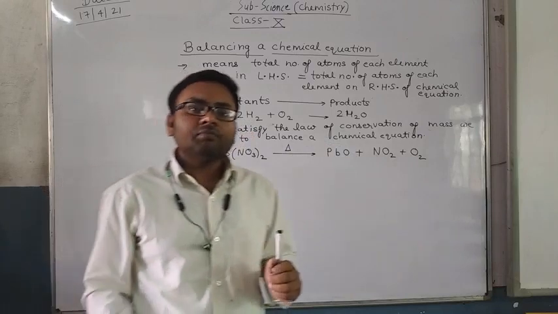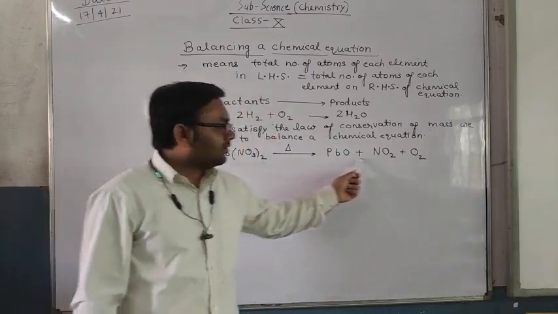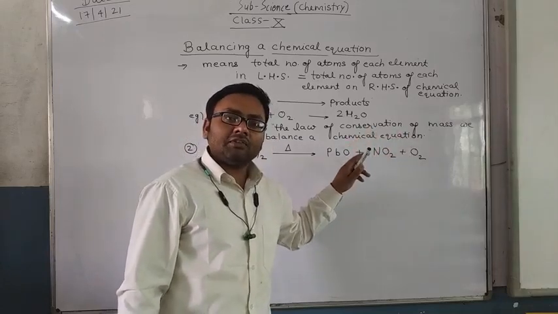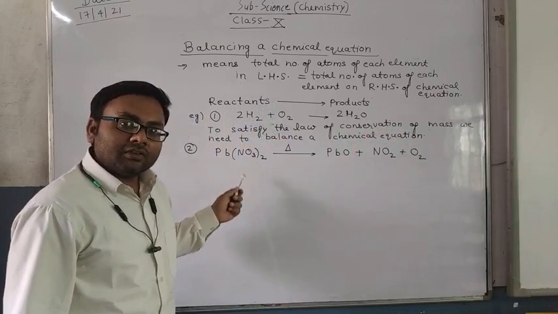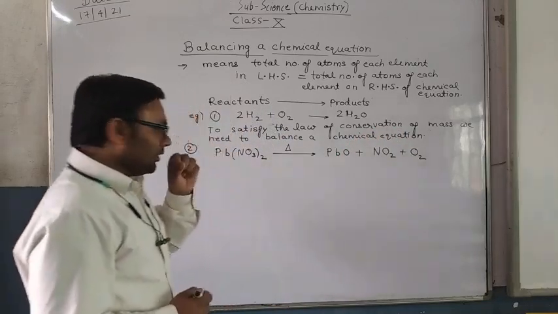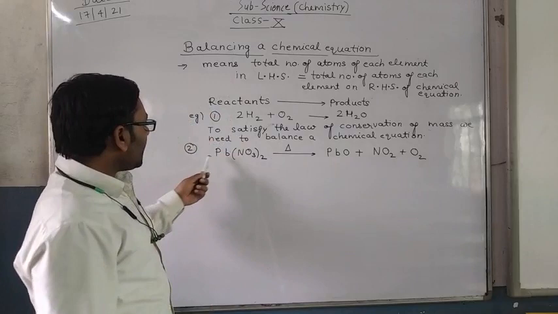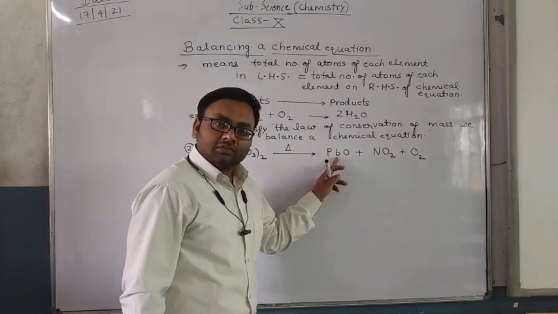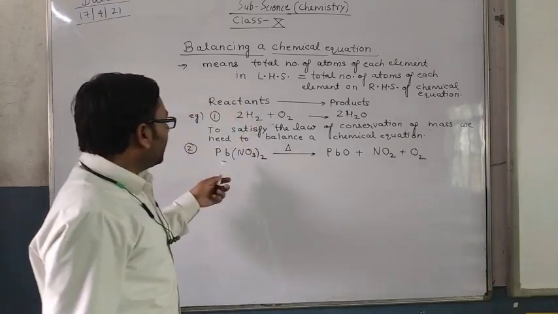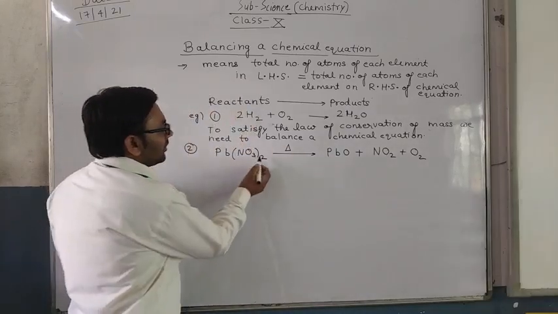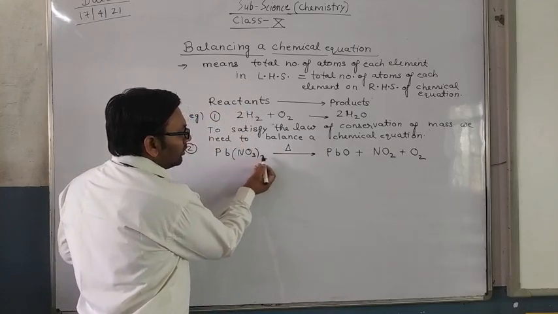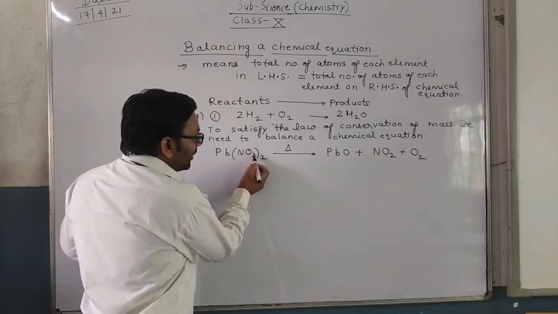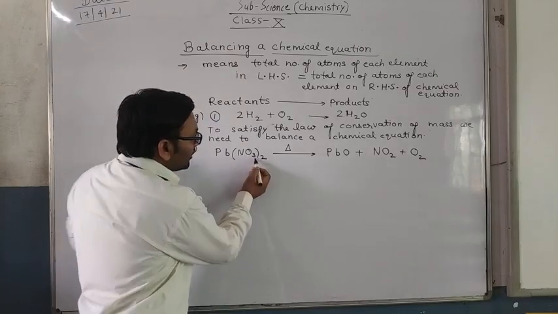This is another example. So we have to first check whether it is balanced or not, and if it is not balanced, then we have to balance this chemical equation. So let us look first. Here you can see the lead. How many atoms are there? 1. Here also there is 1 atom. Okay, no problem. Here the nitrogen is how many? This 2 is for nitrogen also, and this 2 is for oxygen also. So the number of atoms of oxygen will be 3 times 2 is 6.